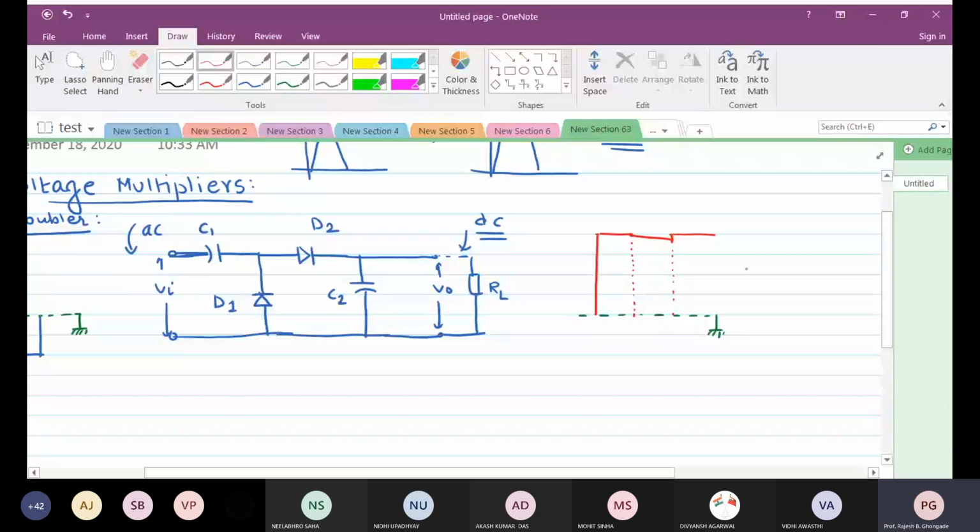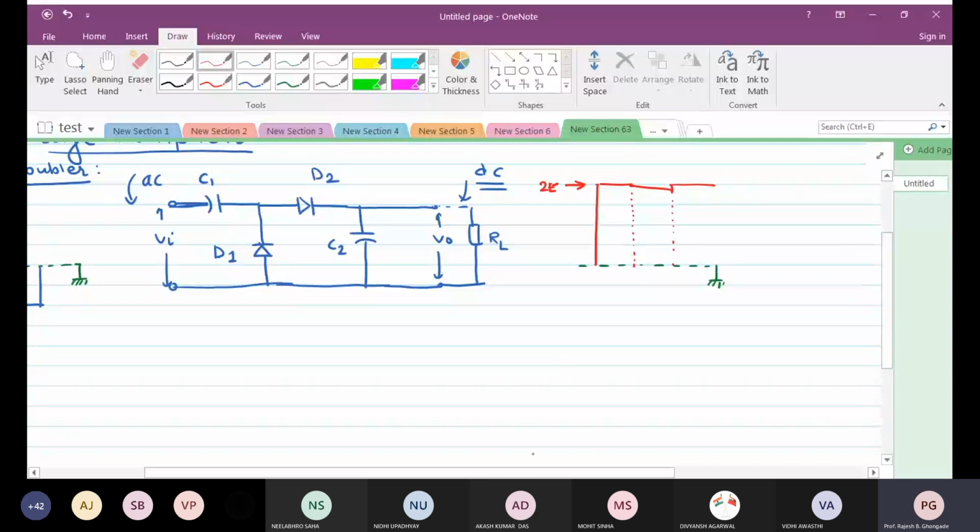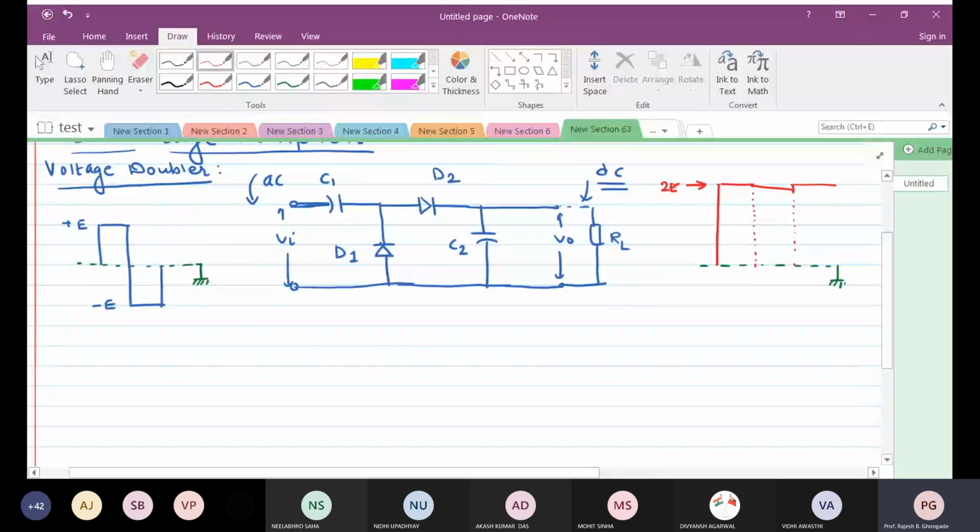We'll see why this is happening. But this value happens to be 2 times E. Let us see how this happens.